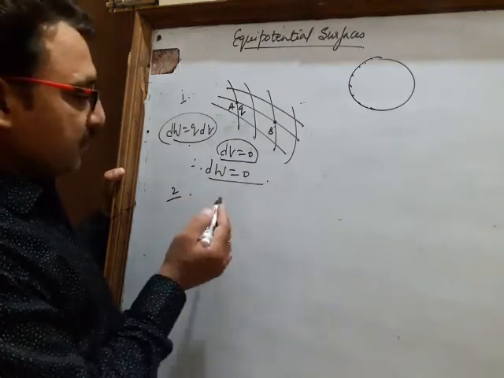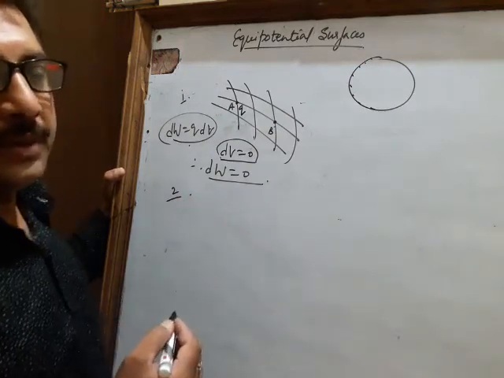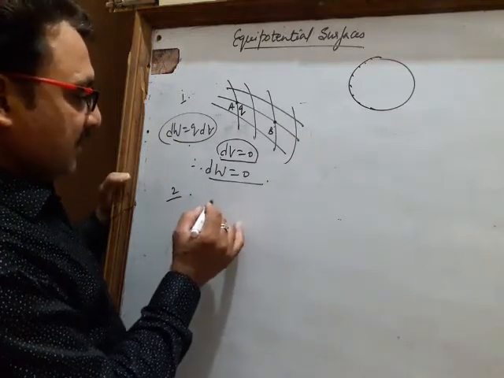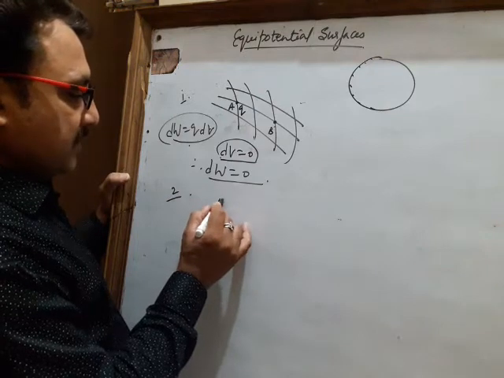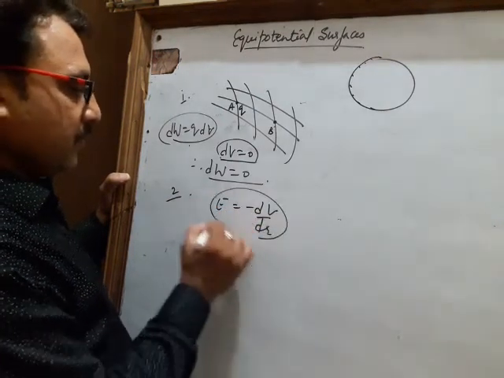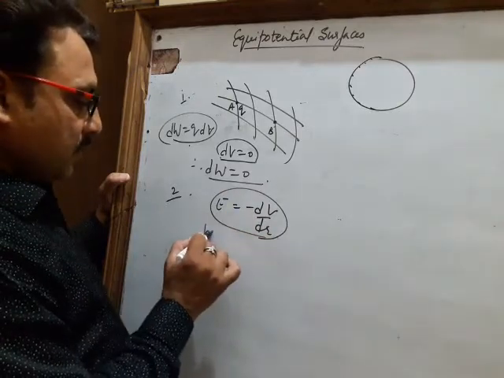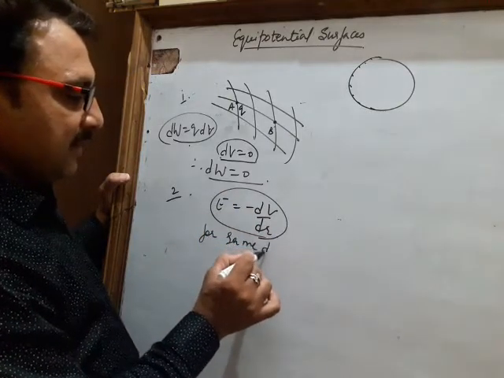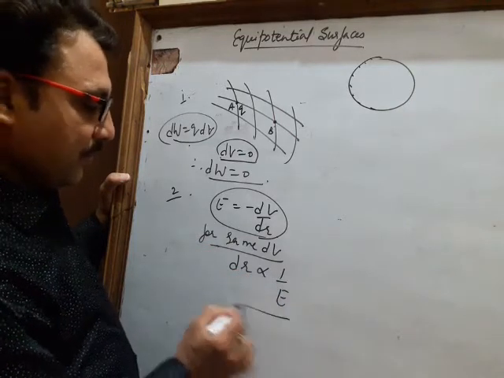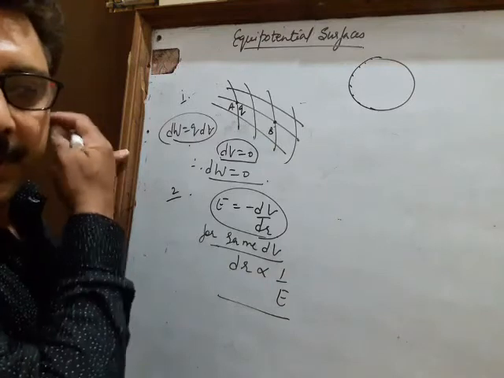Then one more important property comes out. Since you know E equal to minus dV upon dr, this is the formula. For same dV, dr is inversely proportional to E. This is one important property.